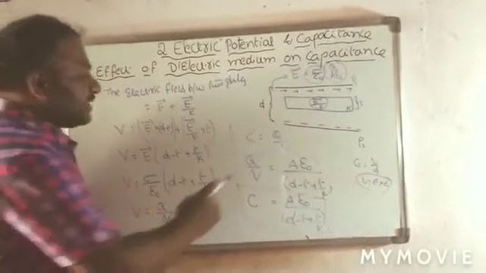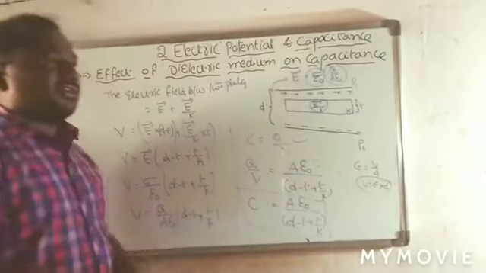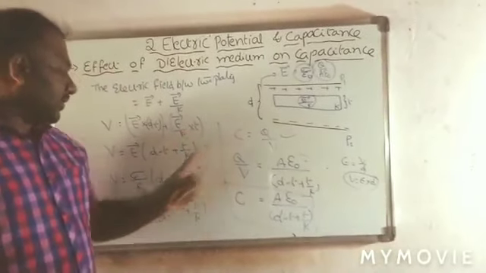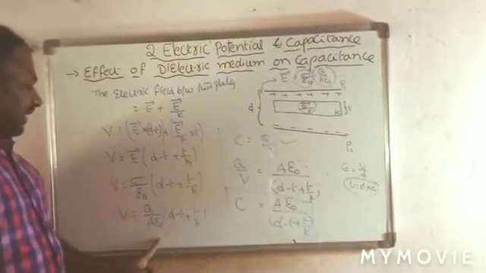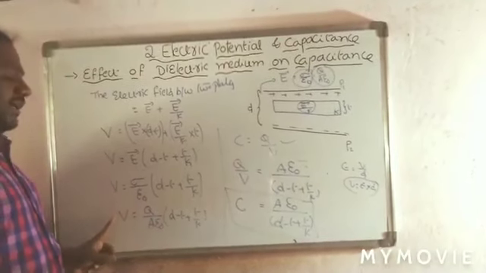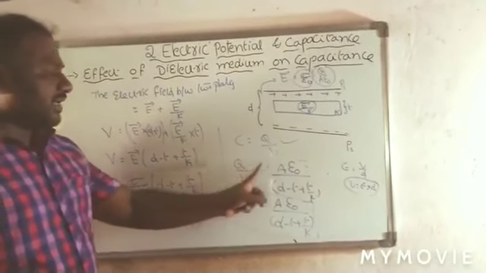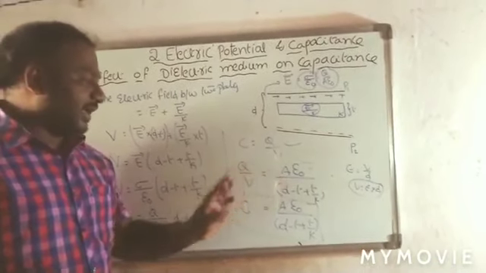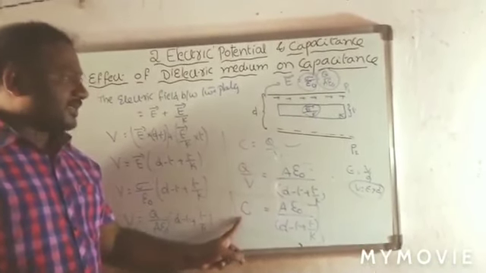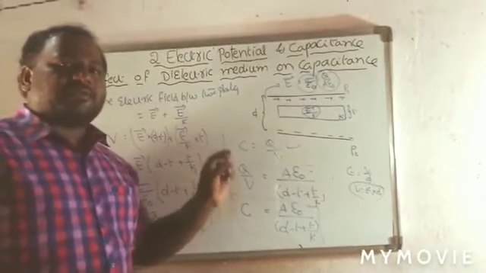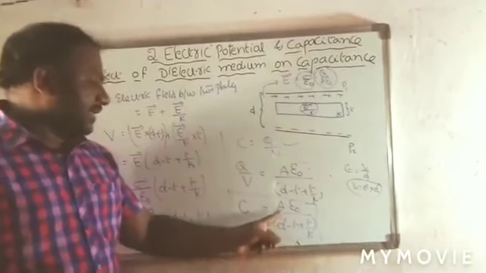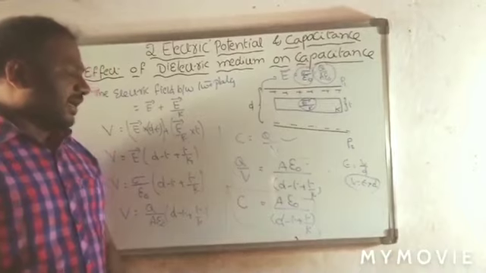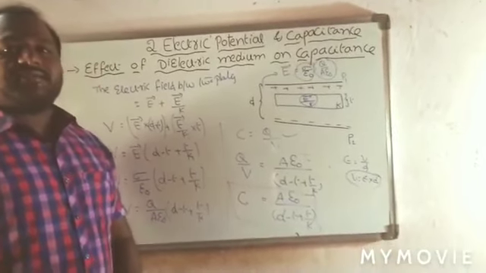Substituting here, we know capacitance C is equal to Q by V. So from this expression, take V to the right-hand side and the remaining terms to the left-hand side: Q by V equals A epsilon naught by (D minus T plus T by K). So finally, the capacitance of a parallel plate capacitor having a dielectric slab is A epsilon naught by (D minus T plus T by K).